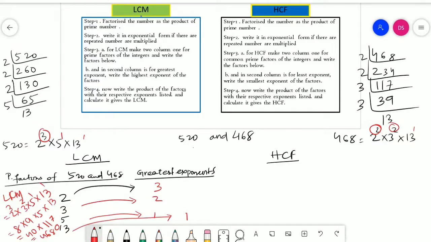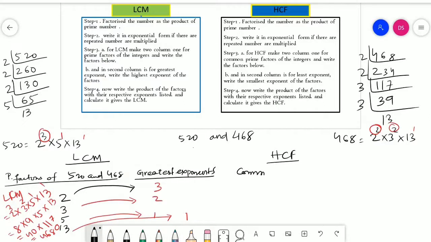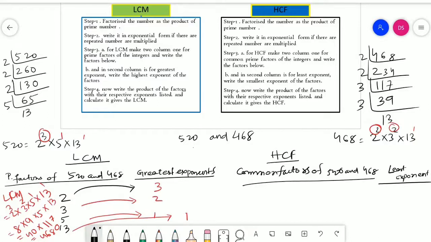Now for HCF I will calculate here, making two columns. Common factors of 520 and 468, and least exponent. Look here, how many numbers are common here?